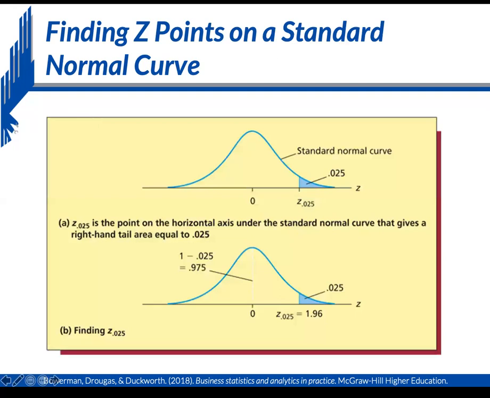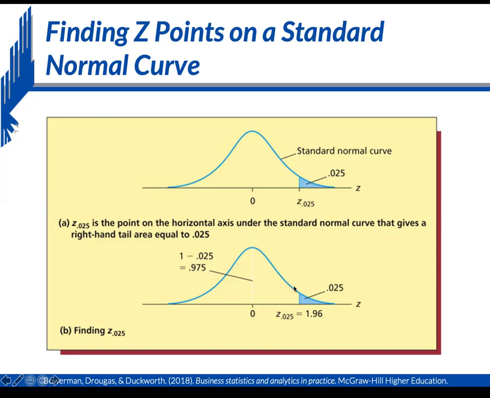For example, if you are presented with this notation, that's z with a subscript 0.025, visually, that means that this z-score has an area to the right which is equal to 0.025. So this is a z-score whose area to its right, or its right-hand tail area, is 0.025, which means that the total area to its left is just the complement.